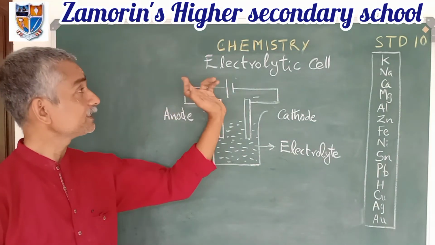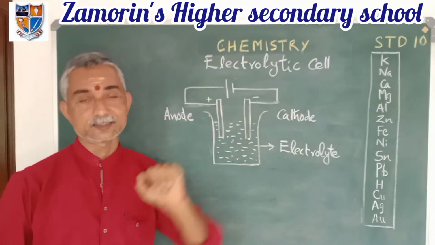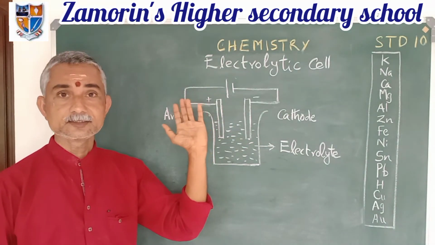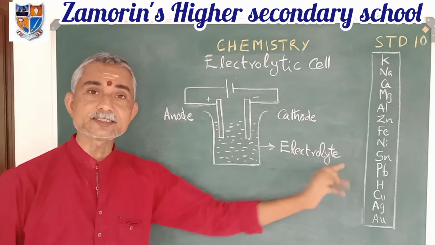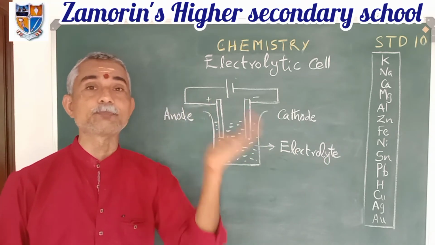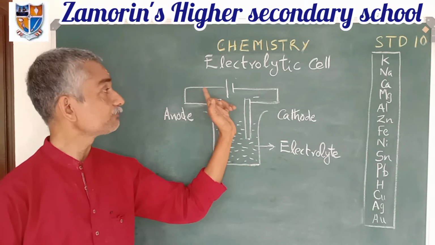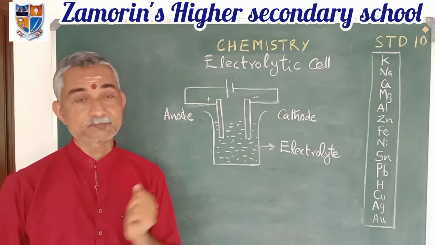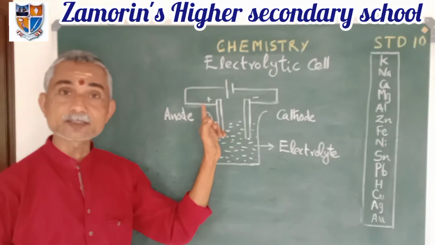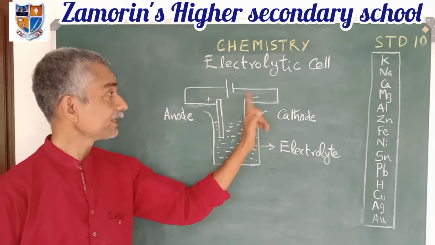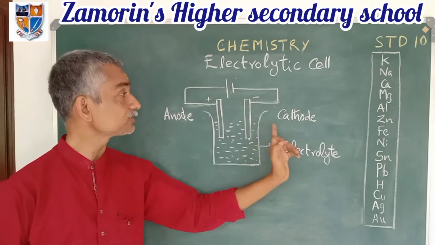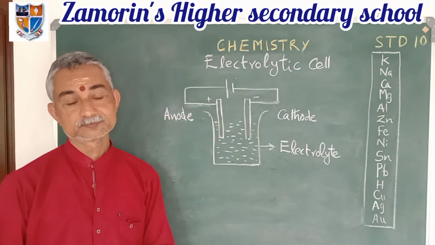Now see what is an electrolytic cell. Here it is a device in which the electrolyte is split up into two parts by the passage of electricity. The positive part of this cell is called the anode and the negative part of the battery is called the cathode.